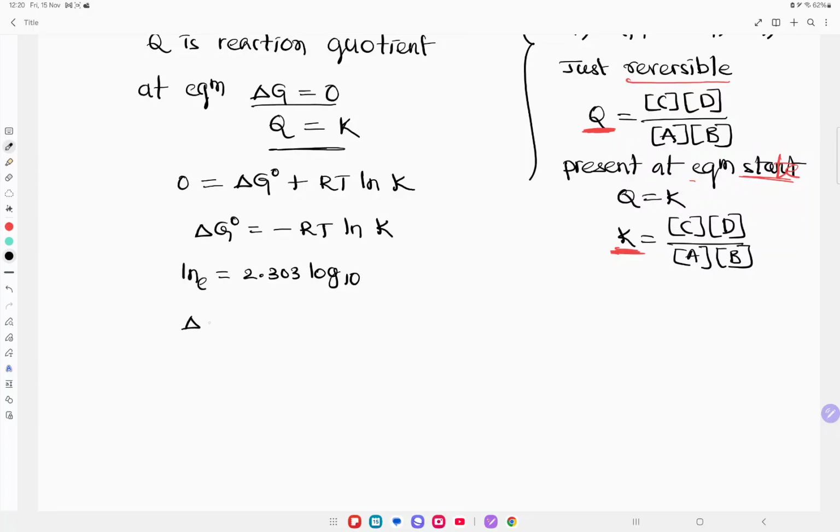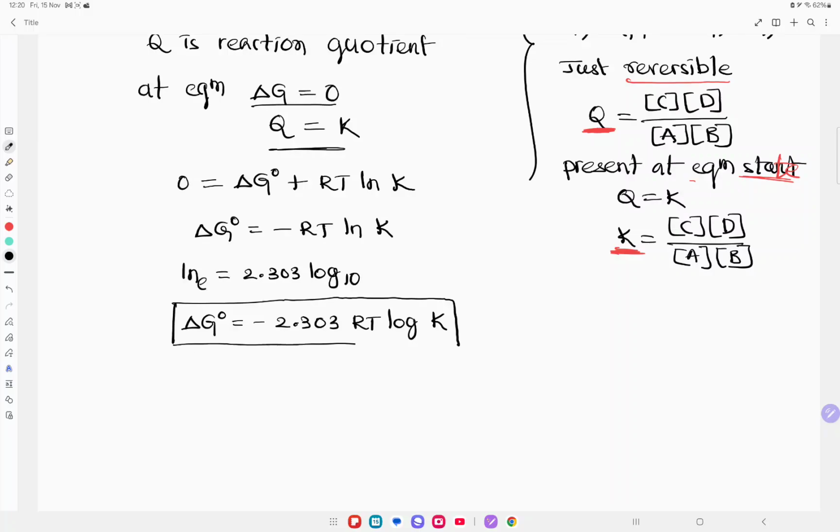So delta G naught is equal to minus 2.303 RT log K. This is the relation between delta G naught and K. Both are the same.